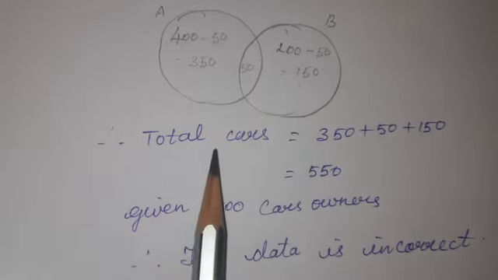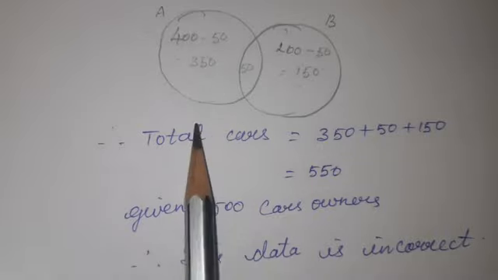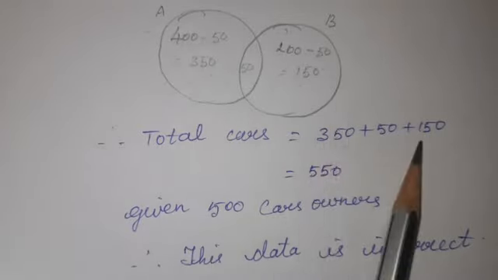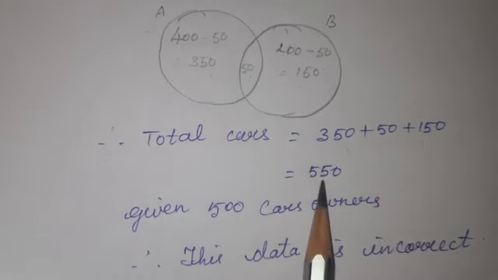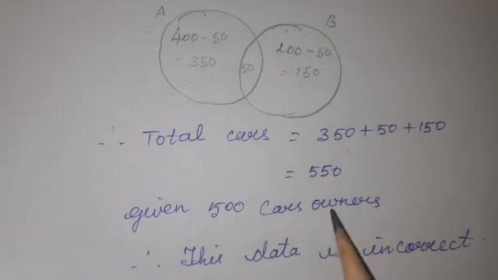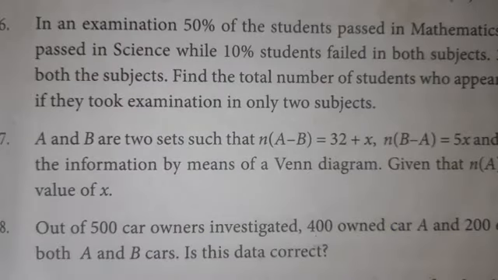Now you can calculate the total number of cars: 350 plus 50 plus 150. When you add, you will get 550. But in our question they gave 500 car owners. Is this information correct? No, this information is wrong. Therefore you should write that this data is incorrect. Thank you students.